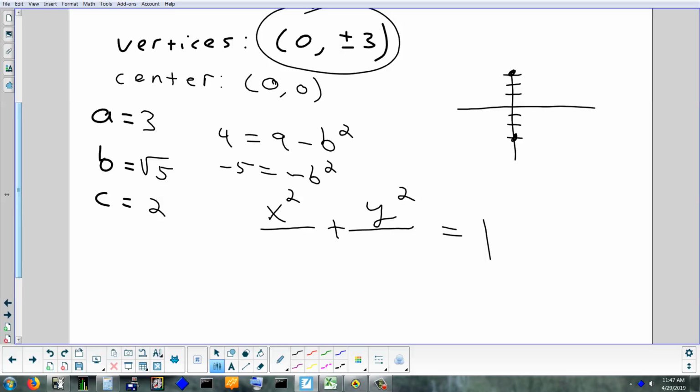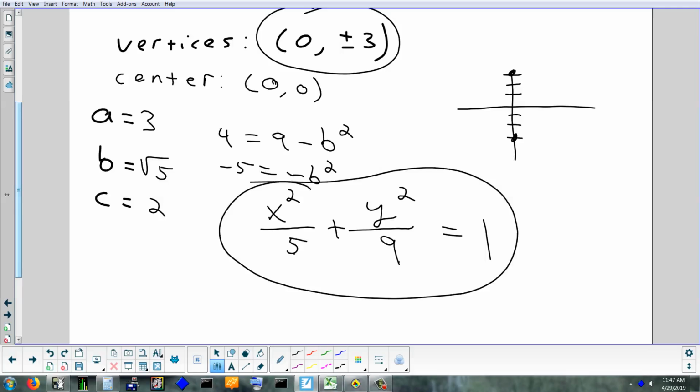Well, b's the smaller number, so not quite a though. 9. A squared. And what's going to go under the x? 5. A squared, b squared. And there's your equation. Okay. Any questions on that?